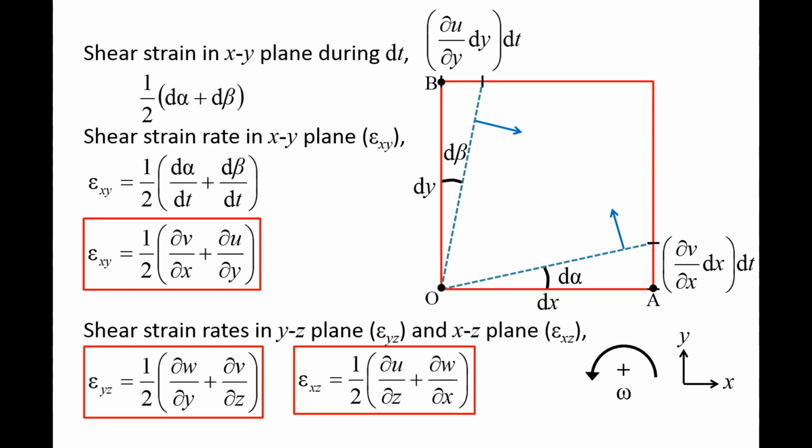The shear strain rate in the yz plane, labeled epsilon yz, is equal to 1/2 times the quantity partial w partial y plus partial v partial z. The shear strain rate in the xz plane, labeled epsilon xz, is equal to 1/2 times the quantity partial u partial z plus partial w partial x.